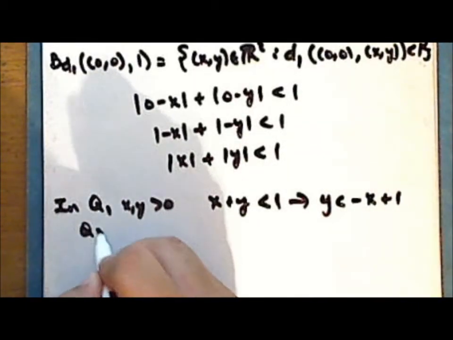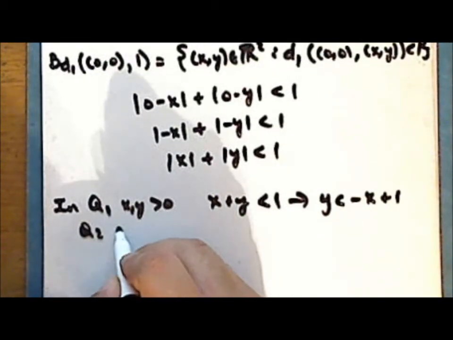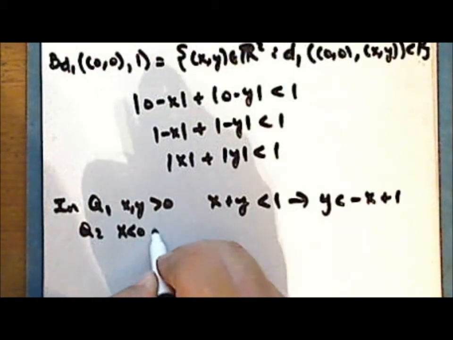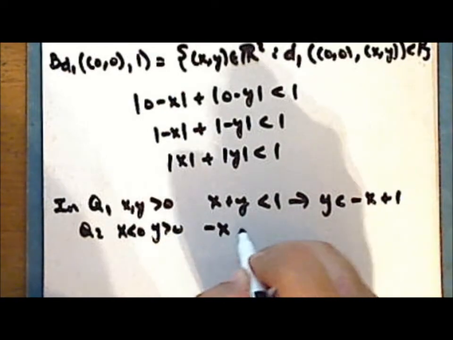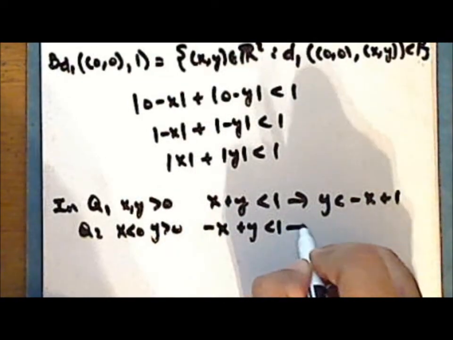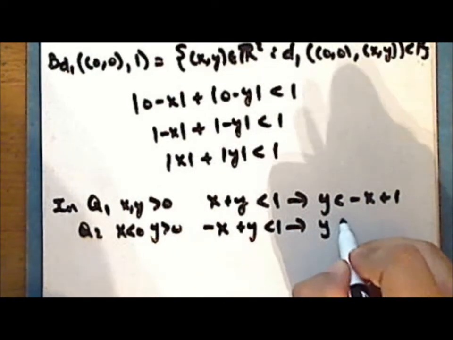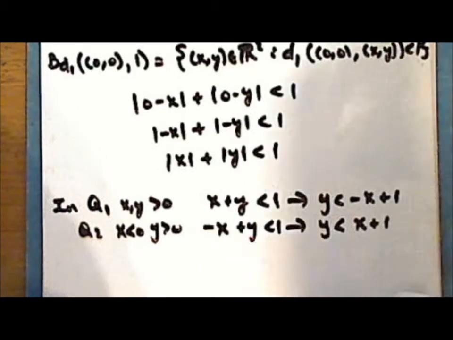In the second quadrant, x is negative while y is positive, and so this inequality becomes negative x plus y is less than 1, which gives us y is less than x plus 1.